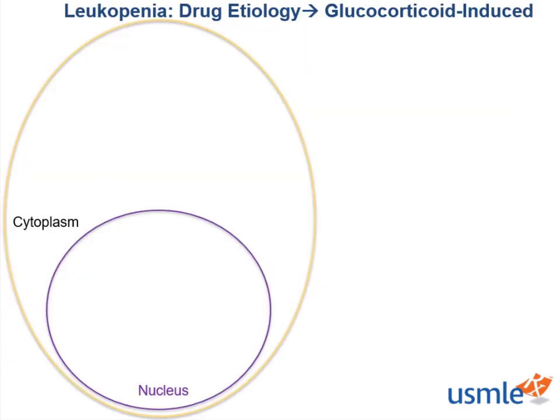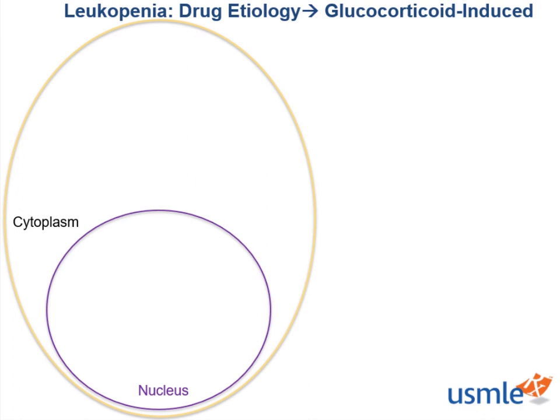Glucocorticoids, one class of steroids, are immunosuppressants that alter levels of white blood cells in the blood. Let's base our discussion in the diagram shown. A cell membrane outlined in a ring of yellow phospholipids, a cytoplasm, and a purple nucleus. Glucocorticoids exert anti-inflammatory actions through multiple pathways.